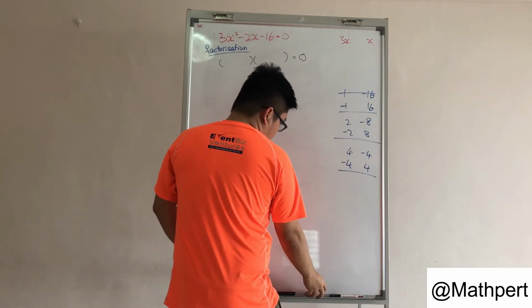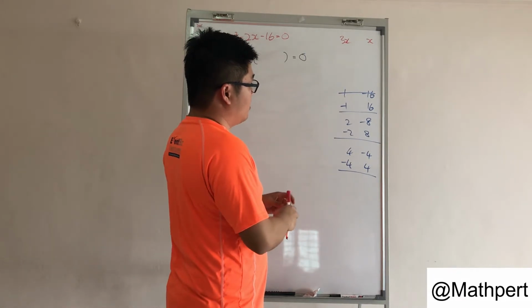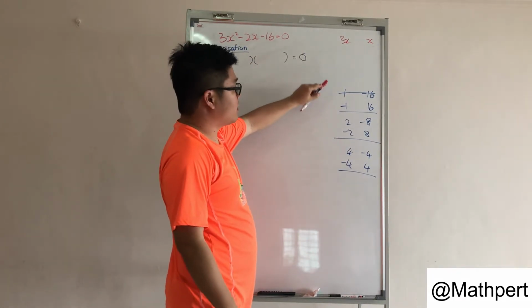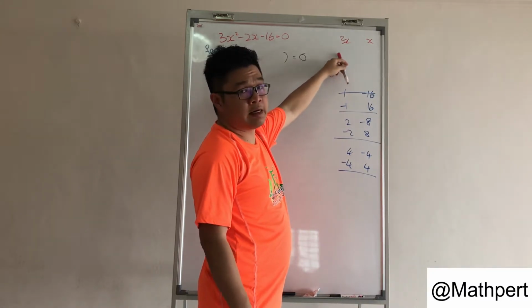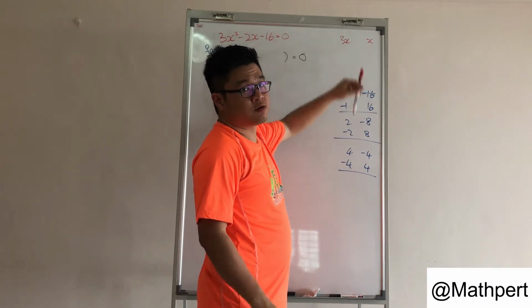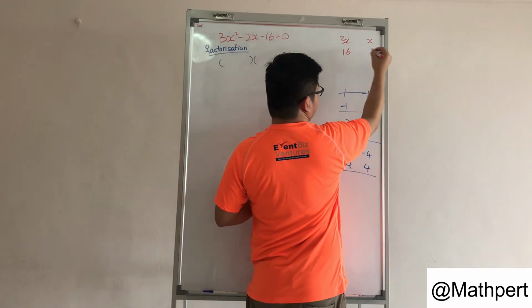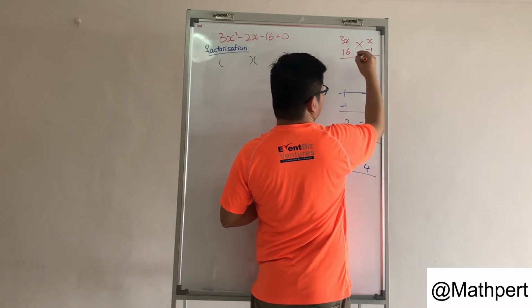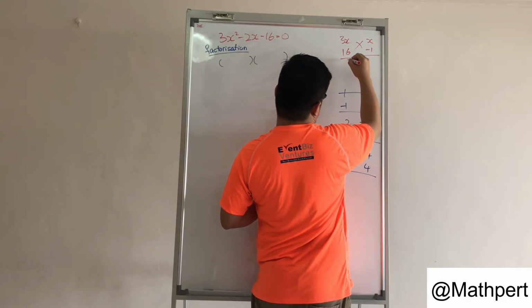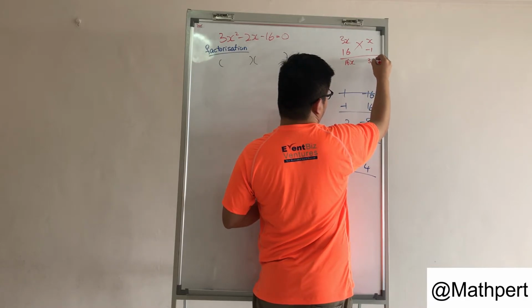Then take a look at negative 1 and 16. From the previous part, we know that the bigger value we have to put under 3x. So 16, negative 1. This will be cross multiply. 16 multiply x will be 16x. 3 multiply negative 1 will be negative 3x.